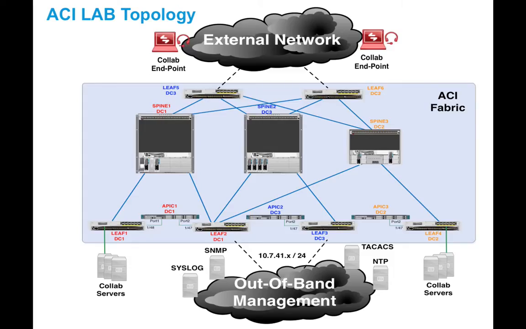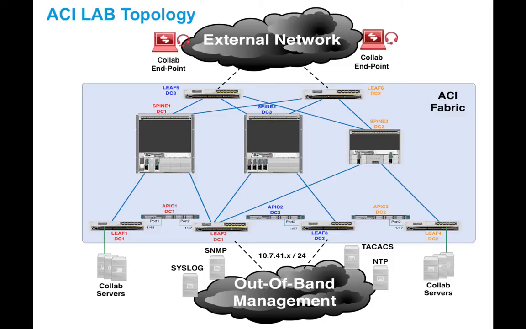Cisco's ACI is a leaf-spine architecture, as you can see in my topology, with software controllers called APICs to program the fabric. APIC also allocates resources to various tenants and monitors the overall health of the ACI fabric.